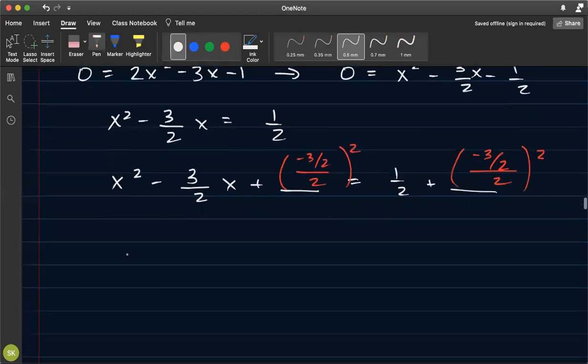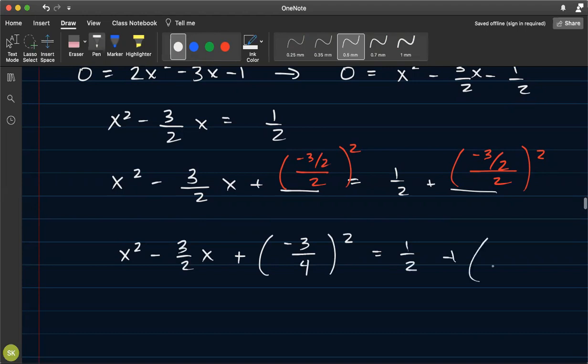So let's simplify. We get x squared minus 3/2 x. Okay, remember you have to be careful with this. If you do the math, you'll see you get plus negative 3 over 4 squared is 1/2 plus negative 3 over 4 squared.